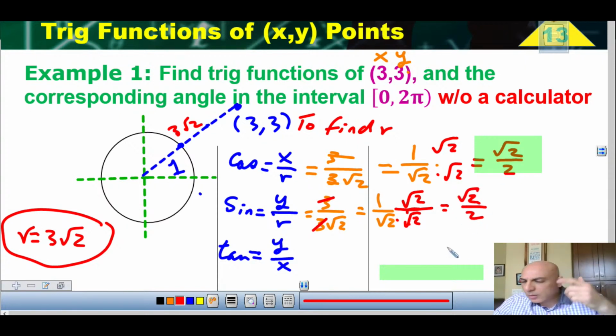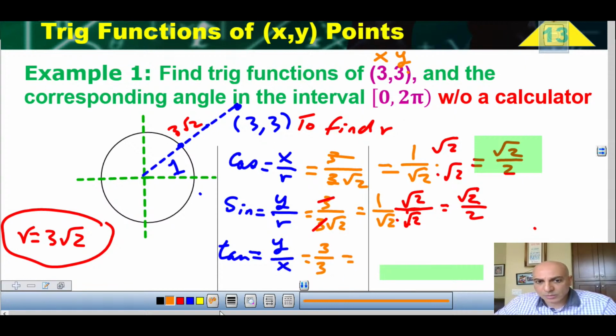Now keep in mind that there is something happening here. I've seen these numbers before. I've seen an angle that has square root of 2 over 2 as a cosine, and an angle that has square root of 2 over 2 as a sine. I think I could probably guess what angle that is, but let me wait a little bit. Y over x. What's my y? 3. What's x? 3.